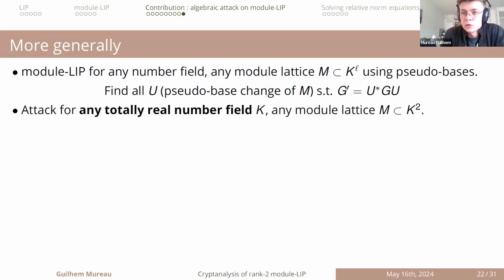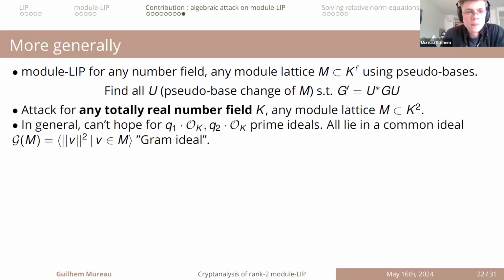Okay, so the full attack, the full algorithm actually solves module LIP for any rank 2 module lattice over any totally real number field. But there is an extra difficulty because during the randomization step, in general, you can't hope for having Q1 and Q2 prime ideals.